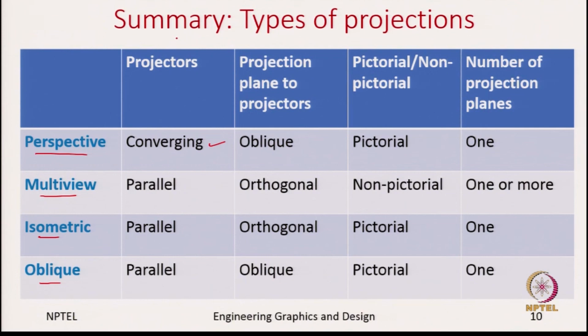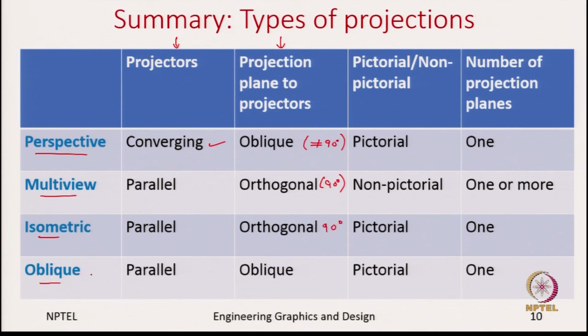The second category is how the projection plane is with respect to the projectors. For perspective, since they are converging, of course, they are not making 90 degrees with the projection plane, so these are not equal to 90 degrees, whereas for the multi-view and isometric we said they are orthogonal or 90 degrees.